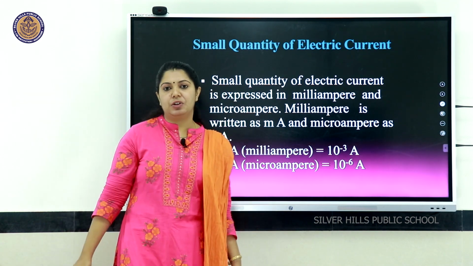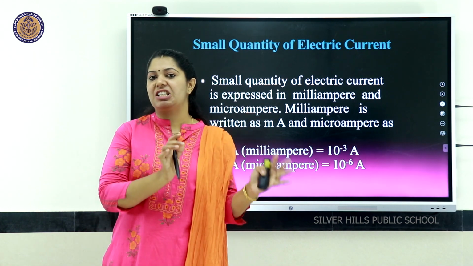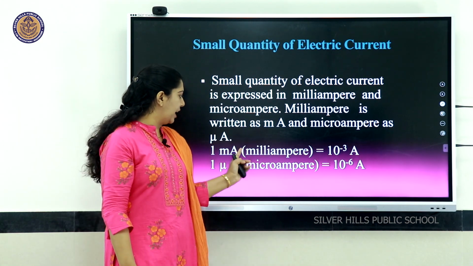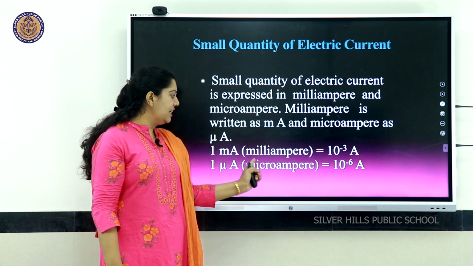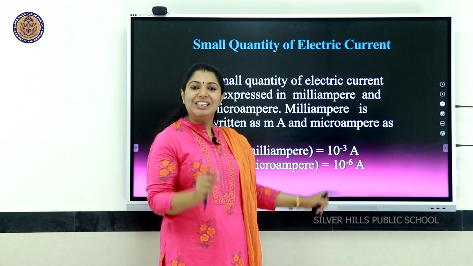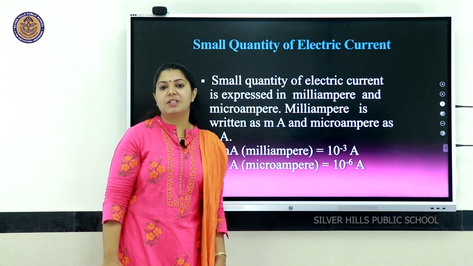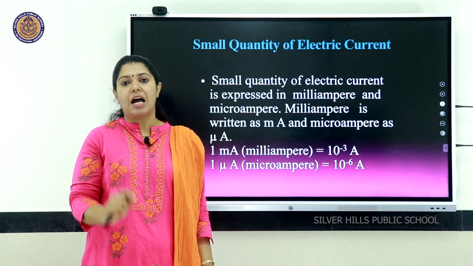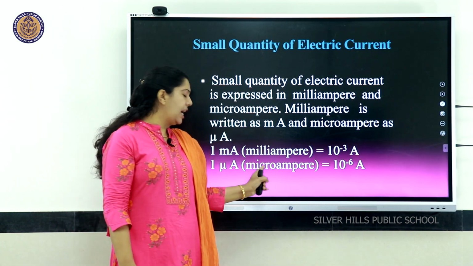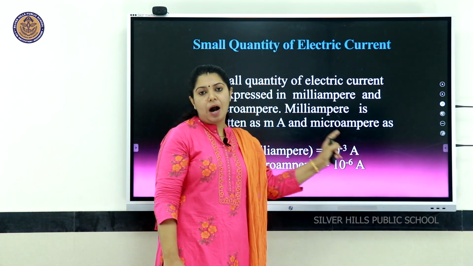For length, usually we use meter, and for smaller units we may use centimeter, millimeter and so on. In the same way, current can also be expressed in milliampere and microampere. 1 milliampere is equal to 10 raised to minus 3 ampere, and 1 microampere is equal to 10 raised to minus 6 ampere. For numerical problems, if it is given in milliampere or microampere, you have to convert that into ampere.